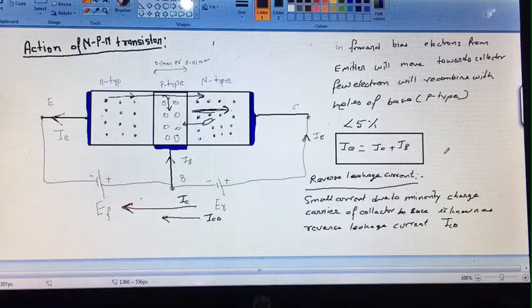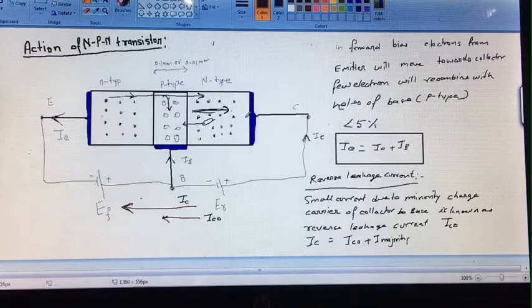So the net current IC is equal to ICO plus I of majority. That means the current through the majority charge carriers plus the current due to minority charge carriers in the collector region contributes to the total current.